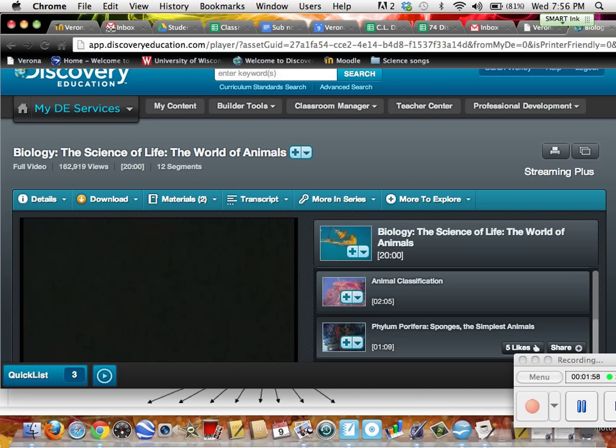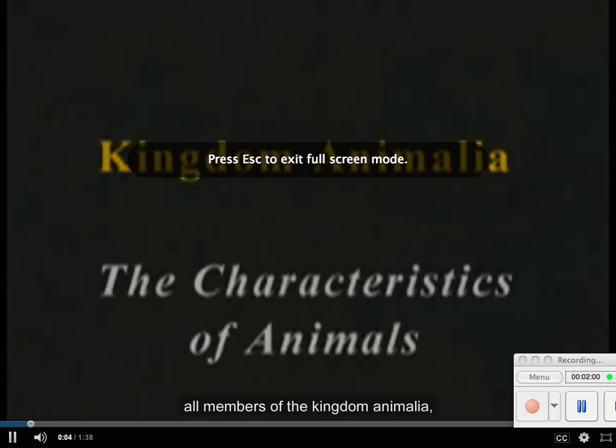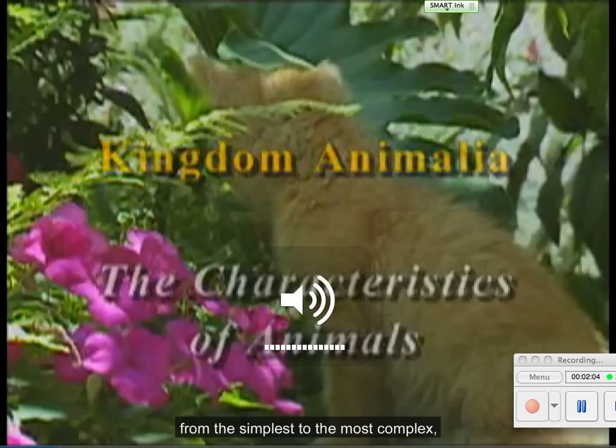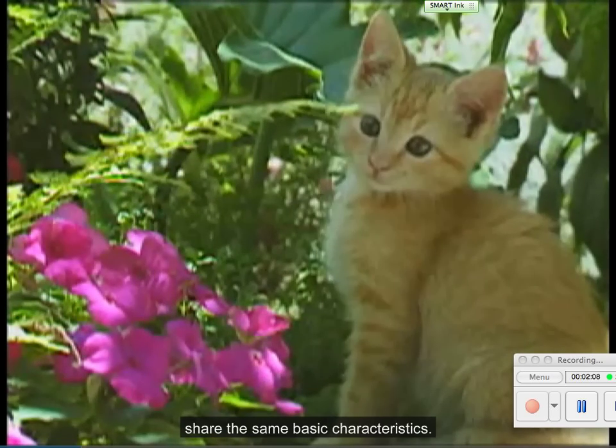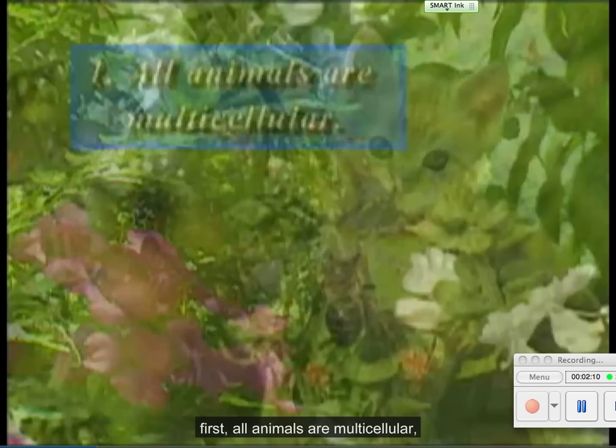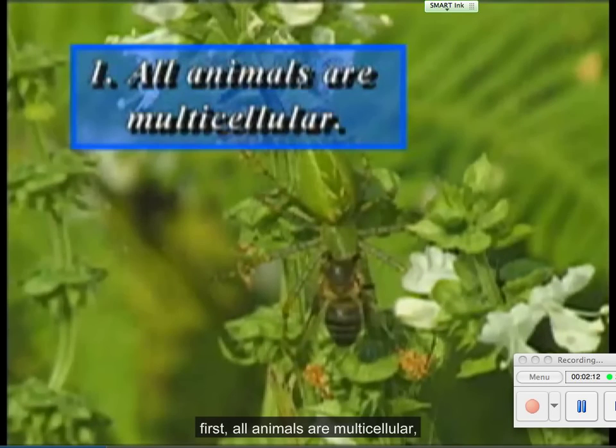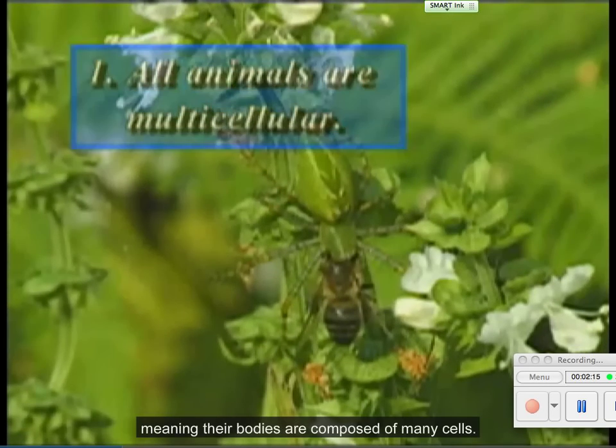In spite of their great diversity, all members of the kingdom Animalia, from the simplest to the most complex, share the same basic characteristics. First, all animals are multicellular, meaning their bodies are composed of many cells.